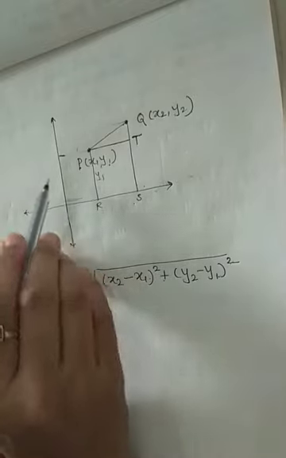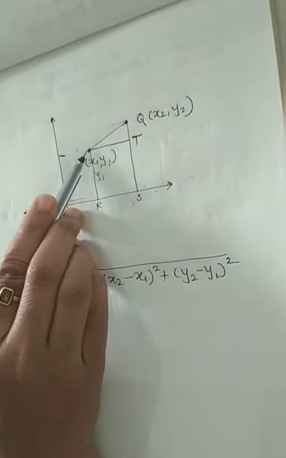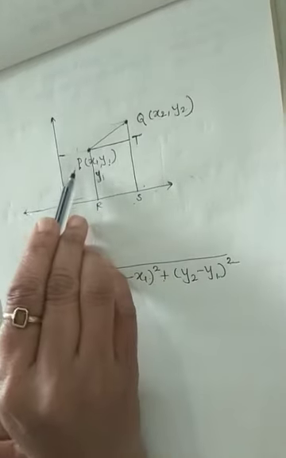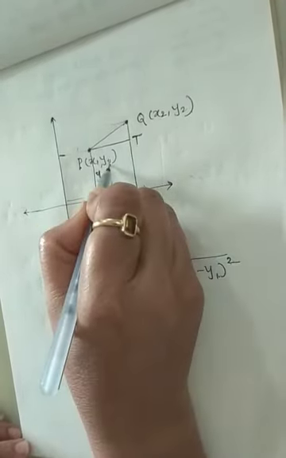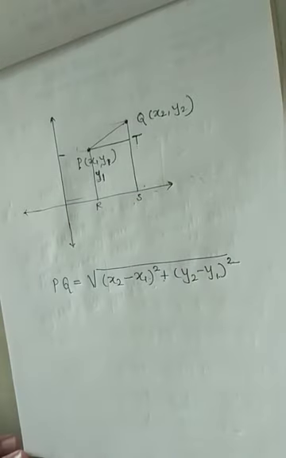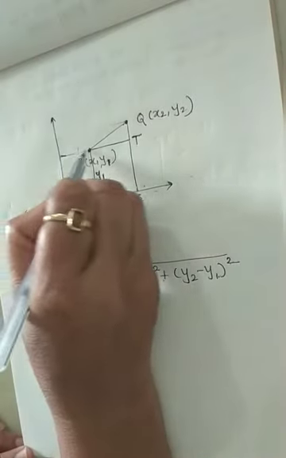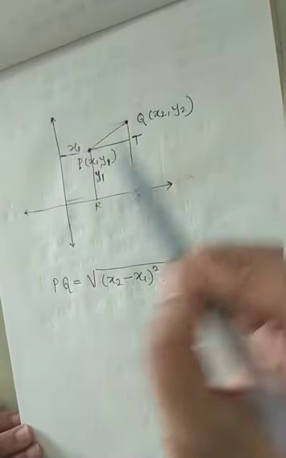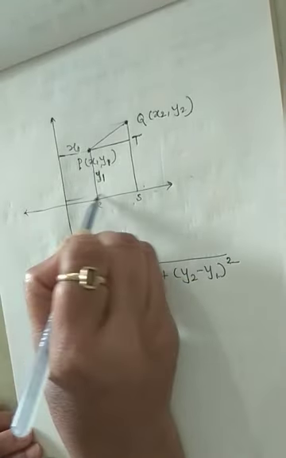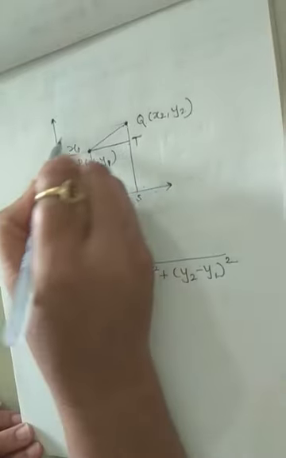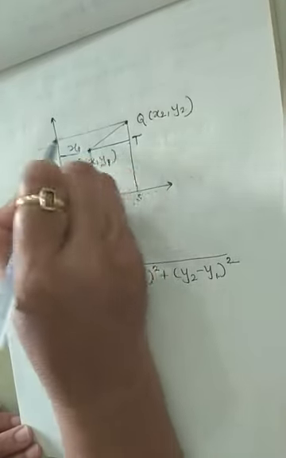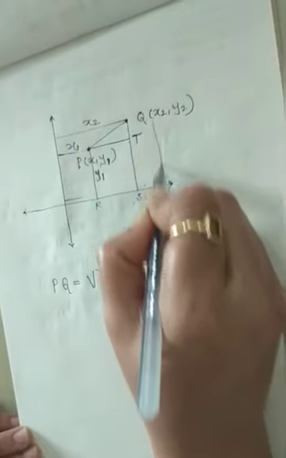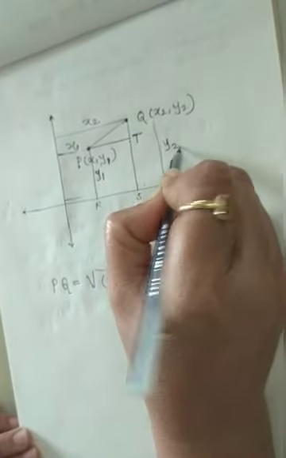Here we can consider this distance as y1 because the y coordinate of point P is y1 and this perpendicular distance is x1 here. For the point Q, this perpendicular distance is x2 and this distance is y2 here.